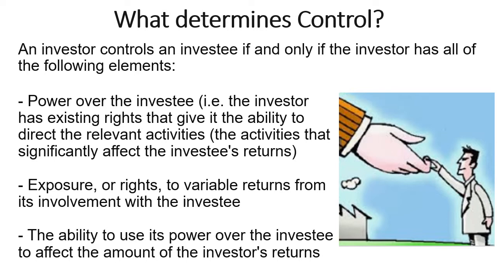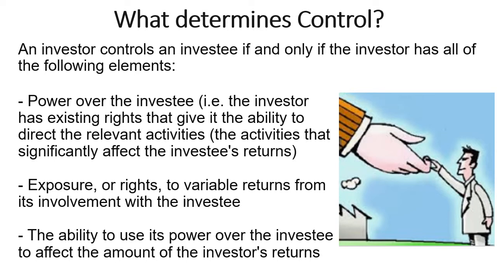The second requirement is exposure or rights to variable returns from its involvement with the investee. And the third requirement is the ability to use its power over the investee to affect the amount of returns to which it is exposed. So what is critical about this relationship is the power to control the subsidiary.